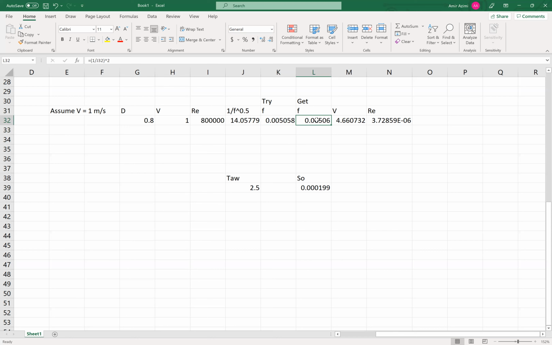Now, because I have the value of the friction factor, I can do the back calculation: 2g times head loss times D, divided by friction factor multiplied by the length, and everything to the power of 1/2. This is the velocity that we have. 4.66 is the velocity and the friction factor is 0.0056.